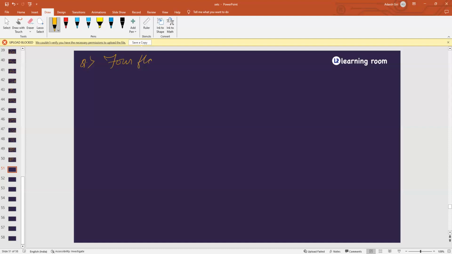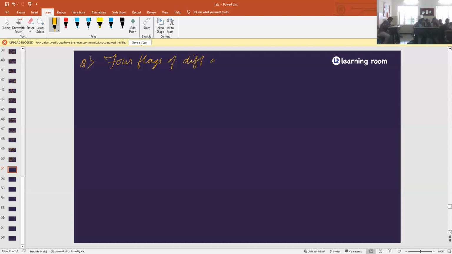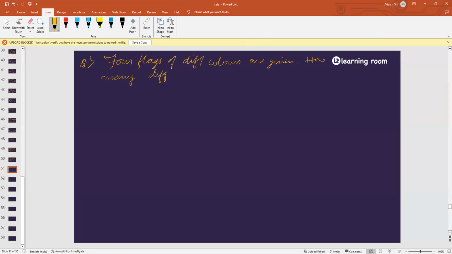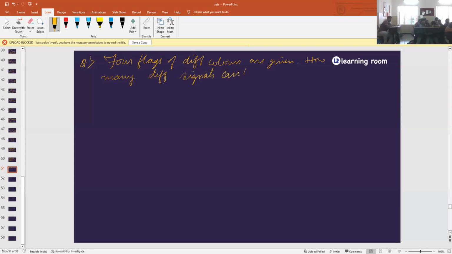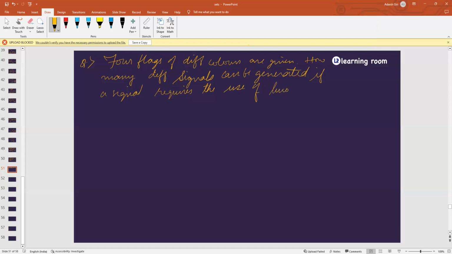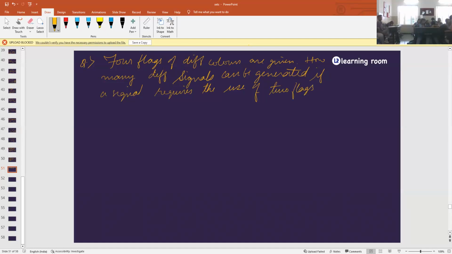4 flags of different colors are given. How many different signals can be generated if a signal requires the use of 2 flags? 12, sir.